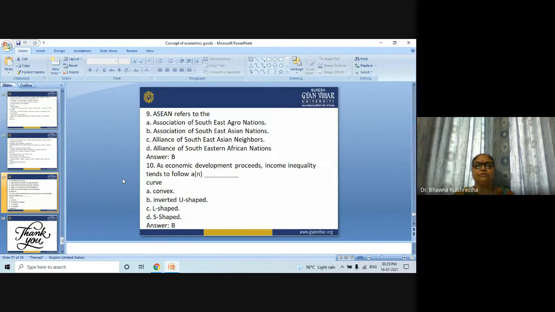And the last question of this topic is, as economic development proceeds, income equality tends to follow a curve: convex, inverted U-shaped, L-shaped, or S-shaped. The answer of this question is inverted U-shaped curve.